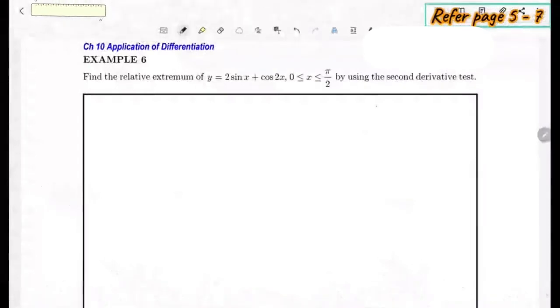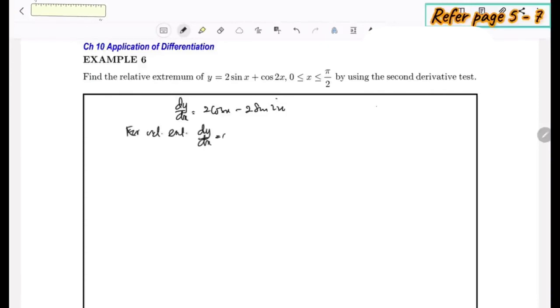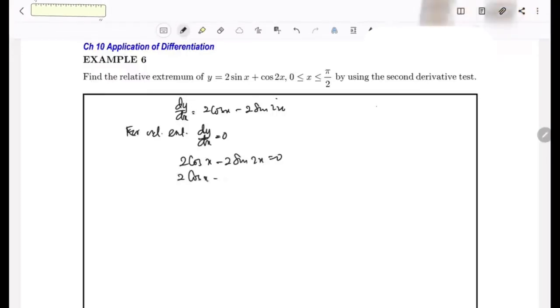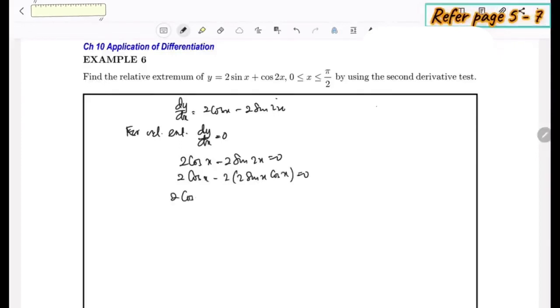Let's look at the second question on the second derivative test. So we need to get dy dx first. That will be 2 cos x minus 2 sine of 2x. For a relative extremum, dy dx equals 0. So we have 2 cos x minus 2 sine 2x equal to 0. Substitute sine 2x with 2 sine x cos x, then factorize 2 cos x.